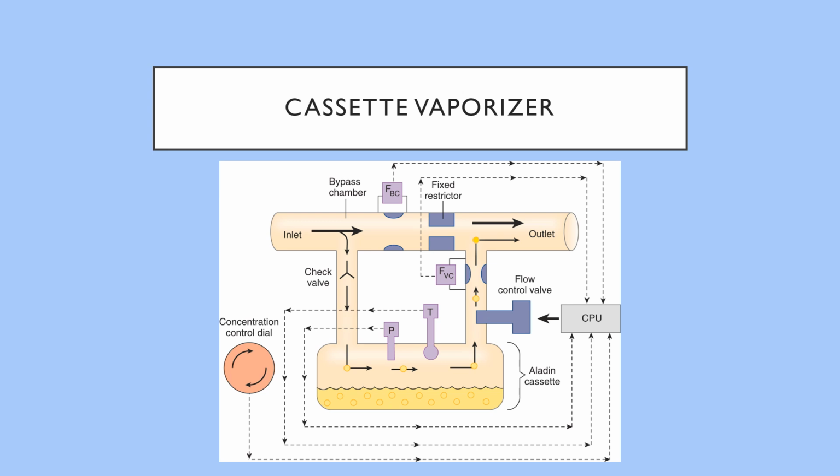Since the cassette is electronically controlled, Desflurane can be used. And additionally, if the room's temperature exceeds Desflurane's boiling point, then the cassette will convert to function as a vapor injector, which we will talk about soon.